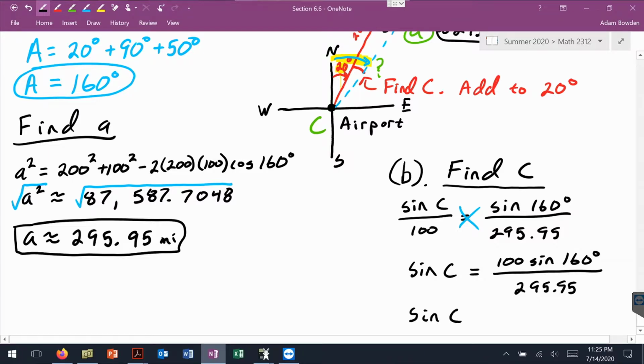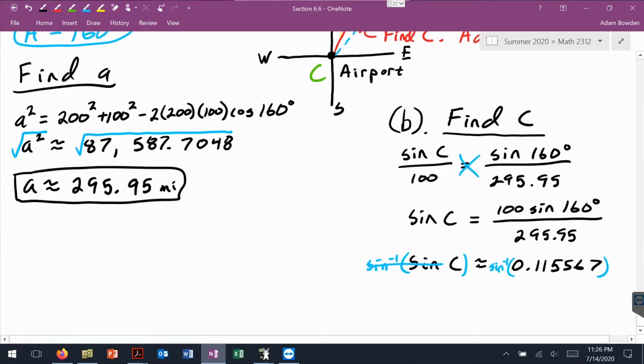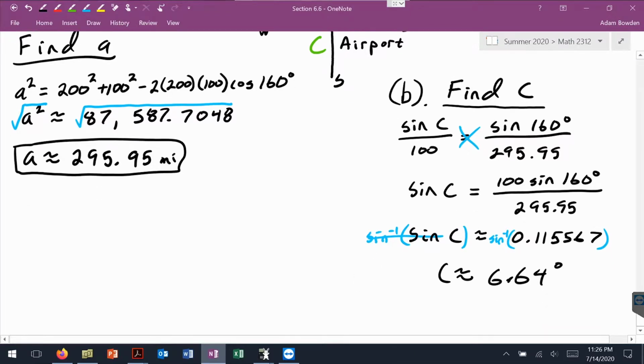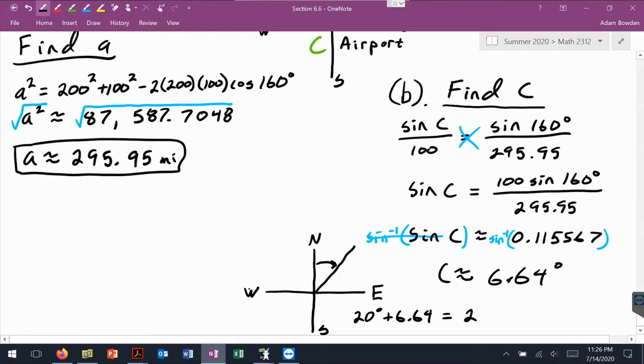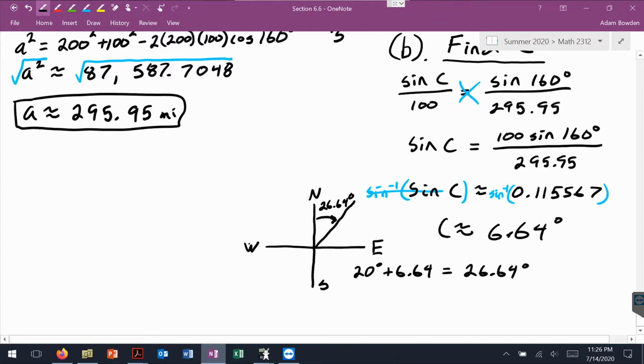So what we're going to get here for sine C is approximately 0.115567, to which we're going to apply the sine inverse to both sides so we can solve for C. And what we're going to get for C is approximately 6.64 degrees. Okie doke. So what that's telling us here is that the angle between its original bearing and where it finally landed, we're going to take 20 degrees plus 6.64. So we get 26.64 degrees. And so the final bearing will be north, 26.64 degrees east.